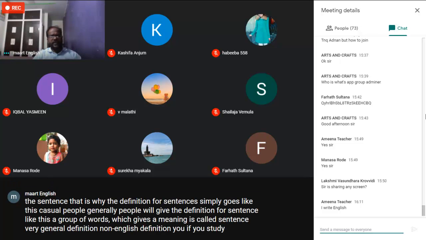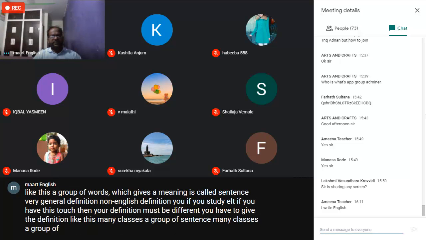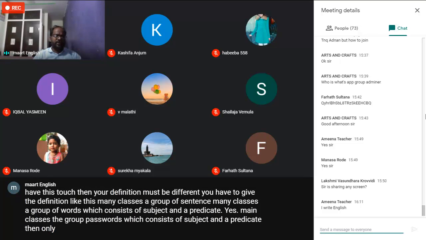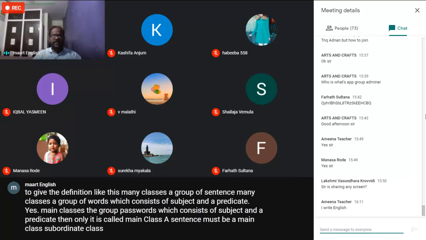Main clause is a group of words which consists of subject and a predicate. Then only it is called main clause. A sentence must be a main clause. Subordinate clause cannot make a sentence, but main clause should have the sentence.